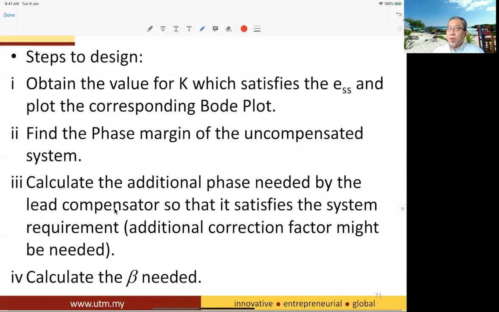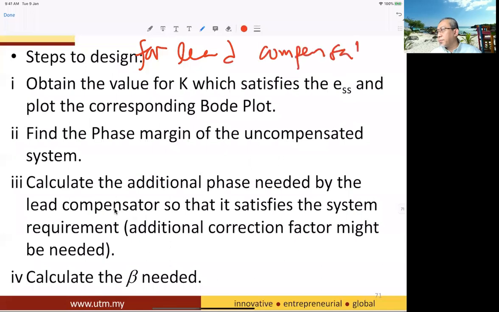As I told you before, steps matter in compensator design, right? So there are steps to design a lead compensator. Okay. So the first one is to obtain the value for K, which satisfies the steady state error, and plot the corresponding Bode plot, right?